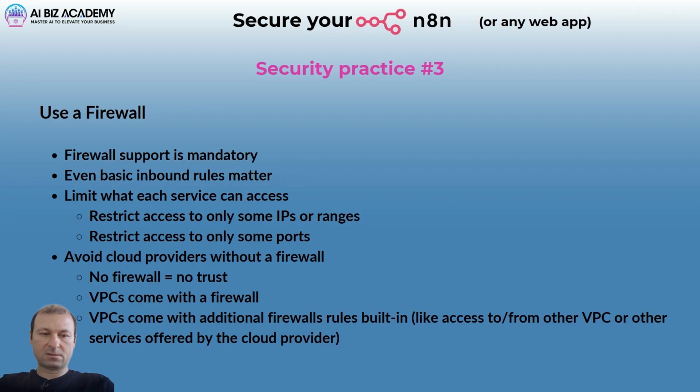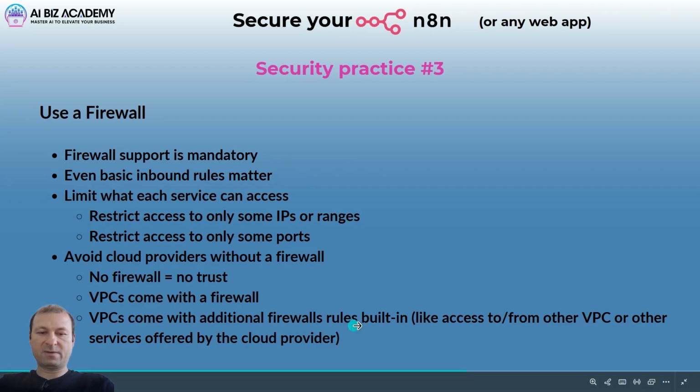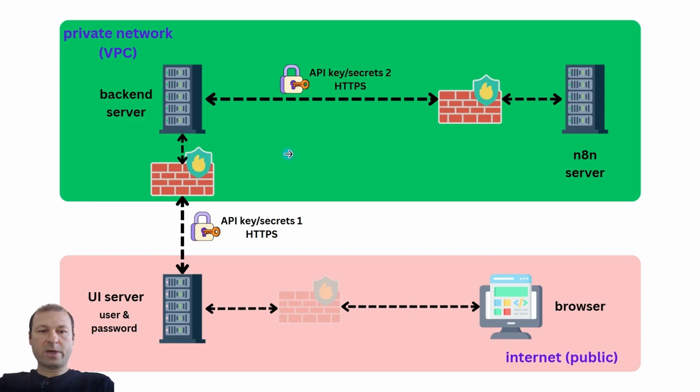And this goes for any other service offered by the cloud provider. And now let's check the diagram. So you see we added here all these 3 firewalls, 1, 2, 3. This one between the browser and the UI server, so the firewall that basically protects the UI server.